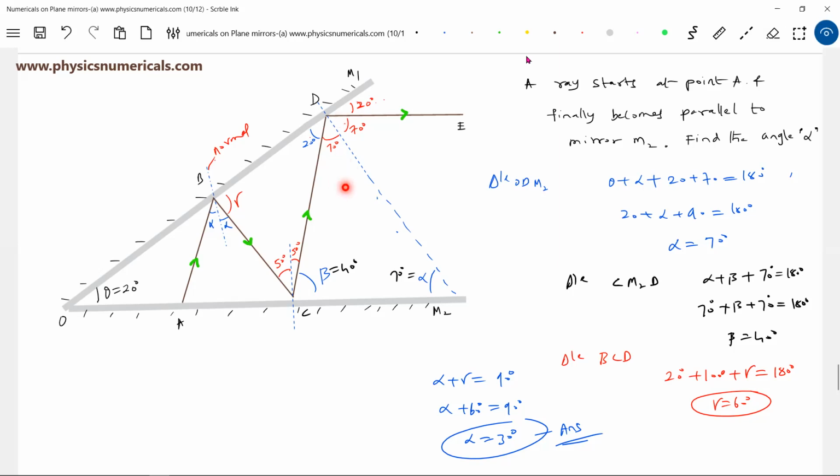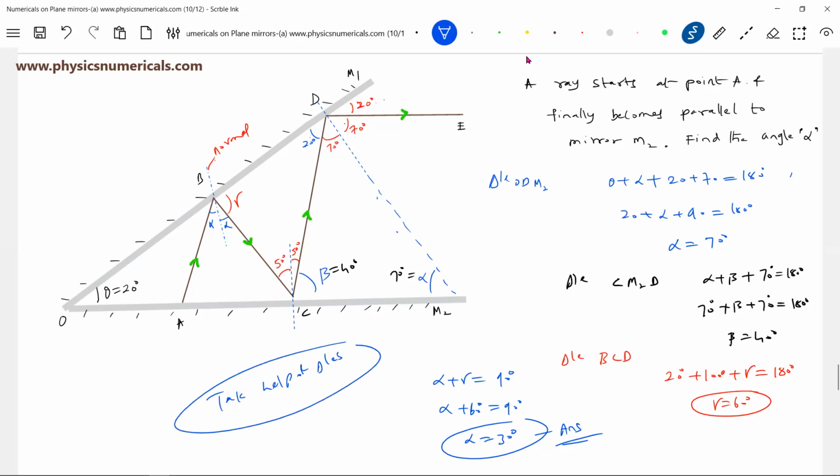What is the basic idea? Take help of triangles. How to solve such problems? You should take help of the triangles which are available there and the properties of a triangle, how the angles are related in a triangle. Those ideas will help you to solve such numericals.